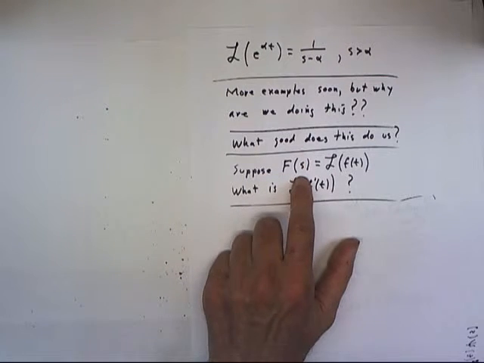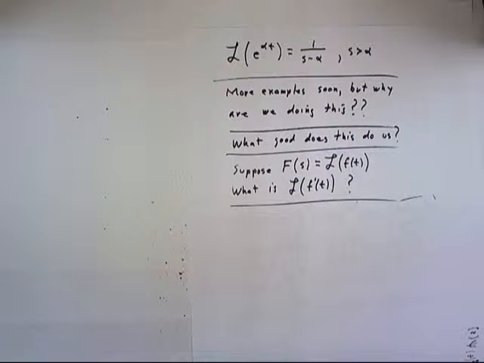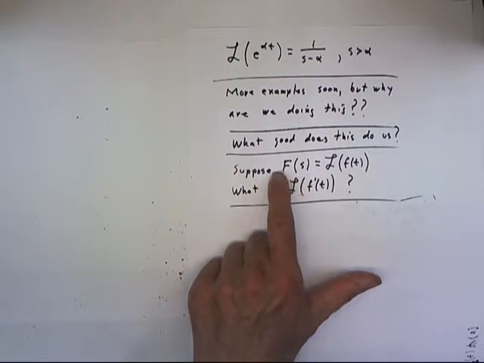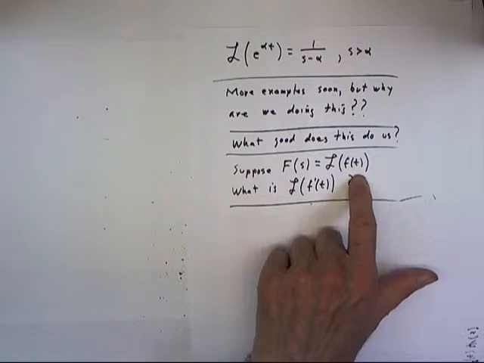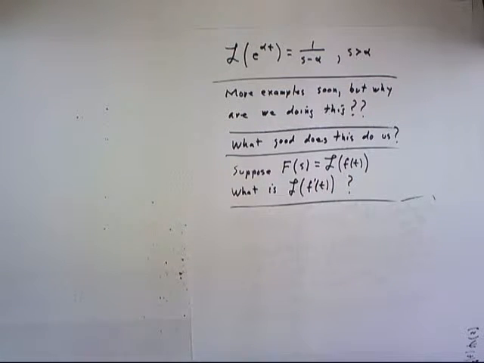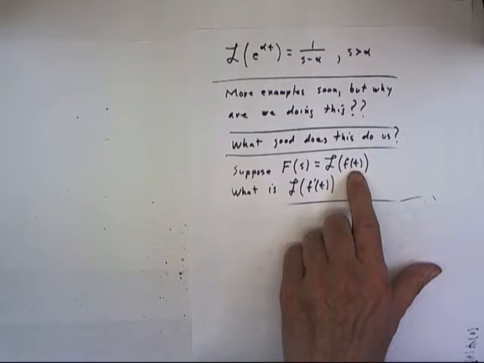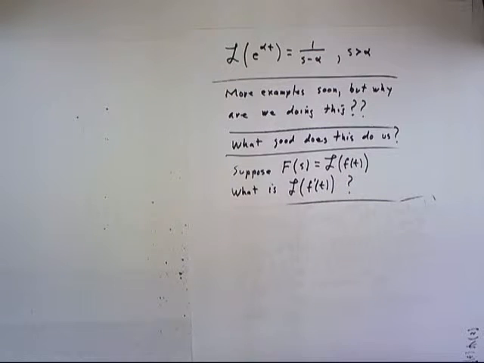Okay, so what good does this do us? Let's suppose that we have some function f of t whose Laplace transform is big F of s. In other words, f of t and big F of s form a Laplace transform pair. Big F of s is the integral from negative infinity to infinity of little f of t times e to the negative st dt.